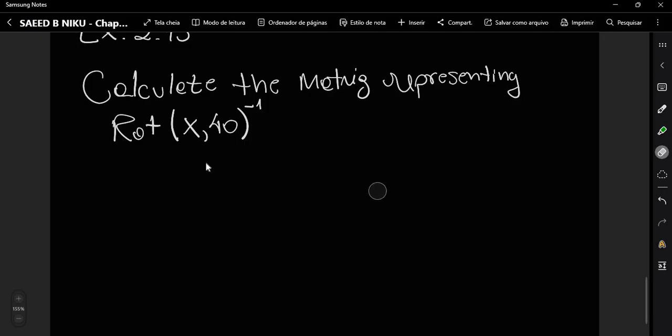It's a 4 by 4 matrix, and now we will see that for a homogeneous transformation matrix of order 4, it can be demonstrated that the inverse of this matrix can be written by dividing the matrix in two parts.